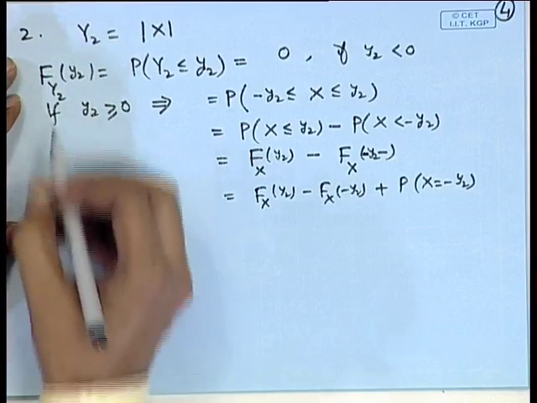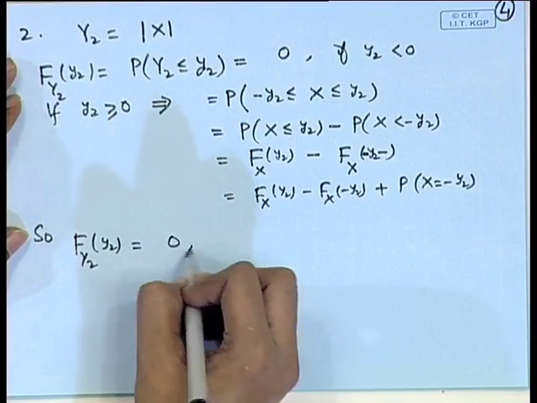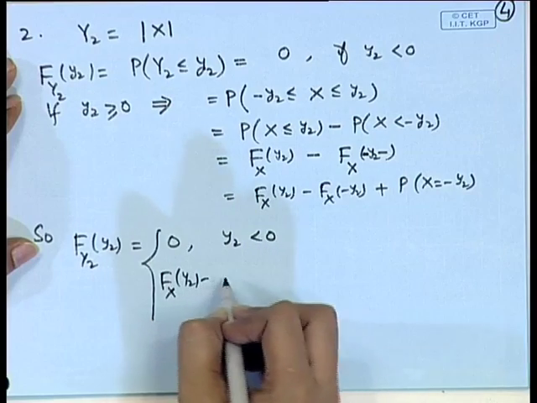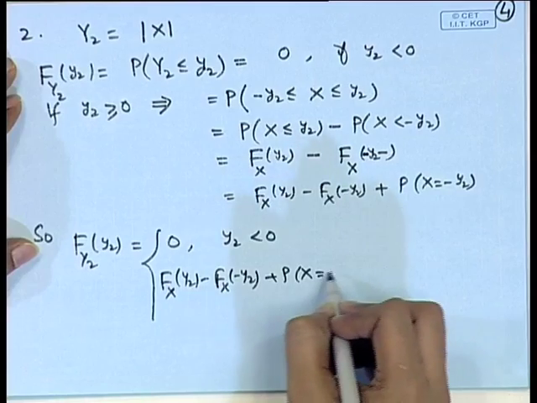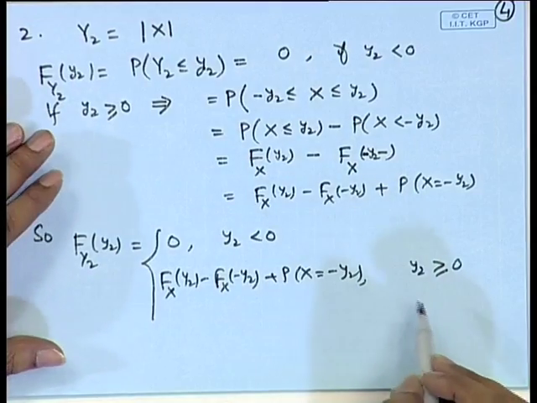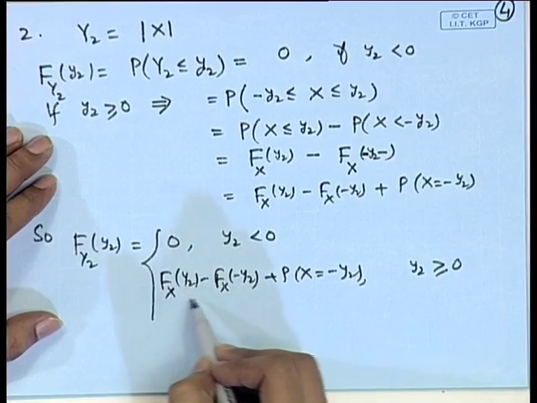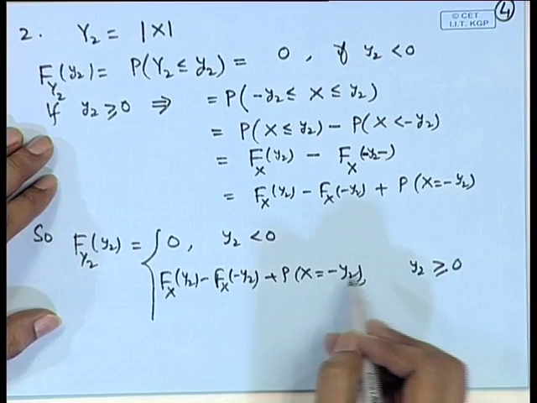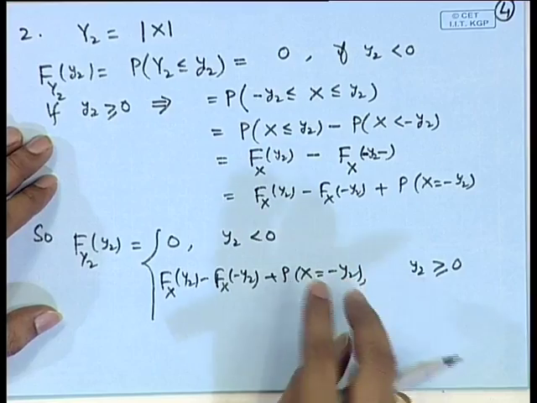So, therefore, the CDF of y 2 is expressed as 0 if y 2 is less than 0, and it is F x of y 2 minus F x of minus y 2 plus probability of x equal to minus y 2 if y 2 is greater than or equal to 0. Here you can note that if y 2 is equal to 0, then this term will vanish and this will reduce to probability of x is equal to 0. Also, if x is a continuous random variable, then this term will vanish.